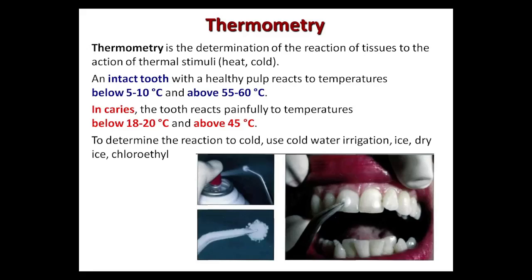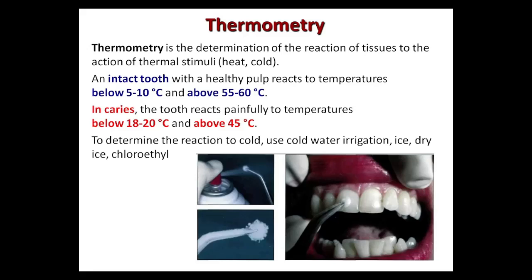An intact tooth with a healthy pulp reacts to the temperature below about 5 to 10 degrees and above 55 to 60 degrees. In caries, the tooth reacts painfully to the temperature below 18 to 20 and above 45 degrees.